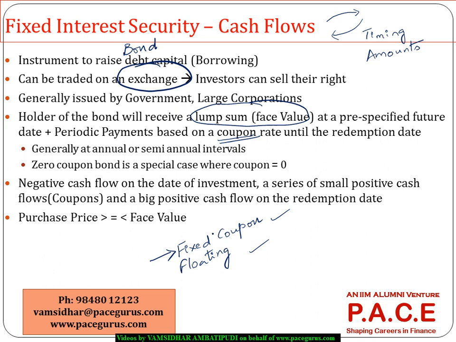But if the coupons are floating, let's say based on the prevailing interest rate at each of the periods, I may have to wait for each period to know what is the interest rate at that particular period, to understand how much amount will be either received or paid. So there is a lot of uncertainty in those kinds of payments.